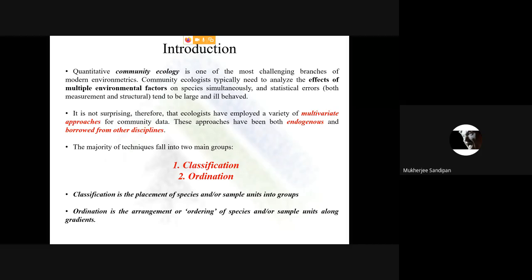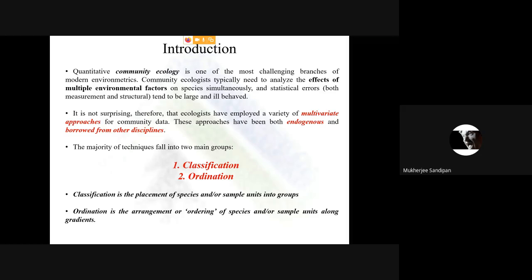for analyzing community ecological data, you can use some techniques which people were typically using earlier for, let's say, meteorological problems. But nowadays, when you do community ecological data analysis, you can borrow those statistical methods and apply them to your data. The majority of techniques fall into two main groups: the first is classification, and the second is ordination.